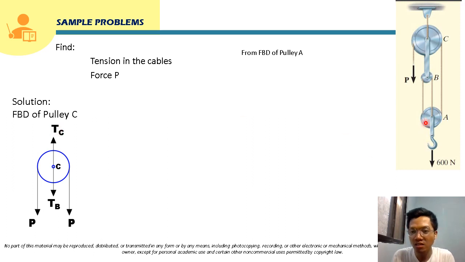Also, since we have here an applied load P, if this is force P at this end of the cable, if we put it here on the pulley, since this cable is continuous, as it passes through this pulley C, at this point, if we cut this cable, we will see the tension force that it provides.